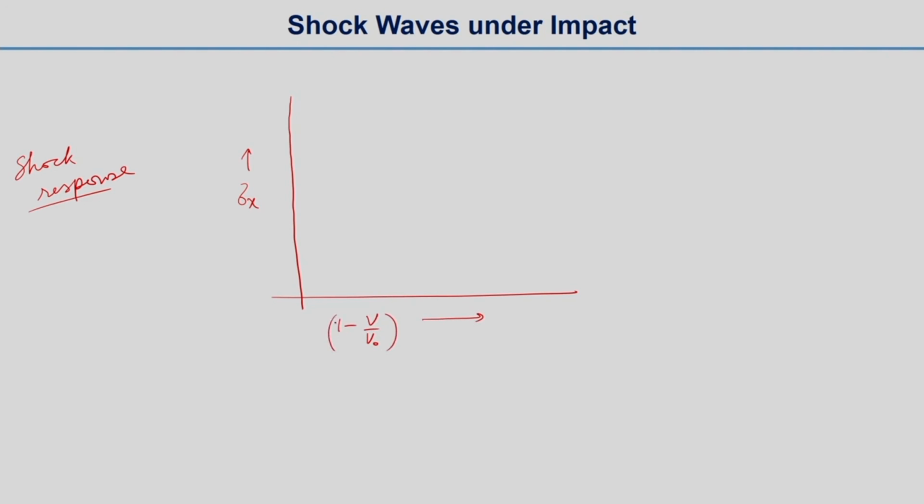This is a little different from the Hugoniot curve we got earlier, because on the x axis we have V by V naught, whereas earlier we plotted pressure with specific volume.